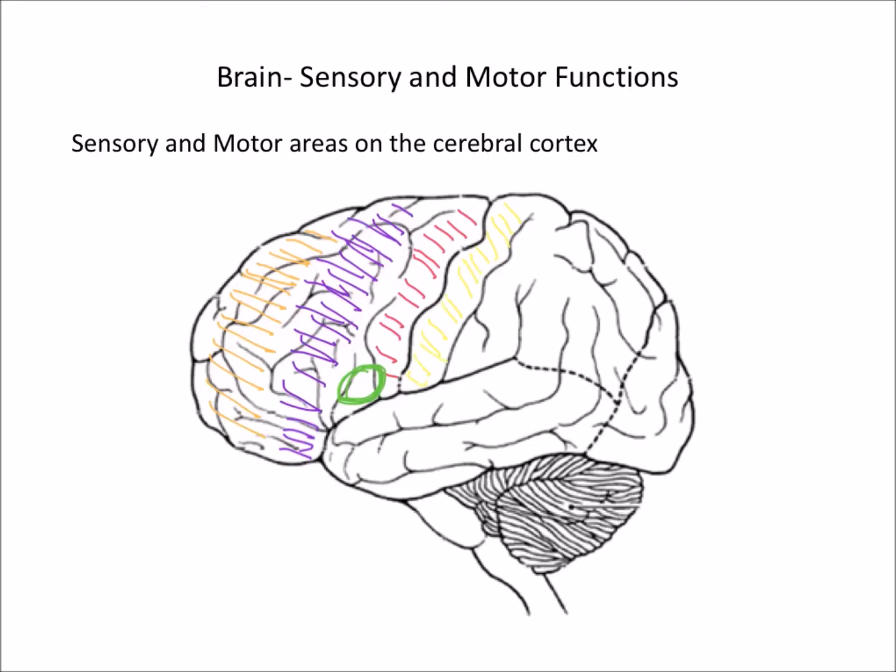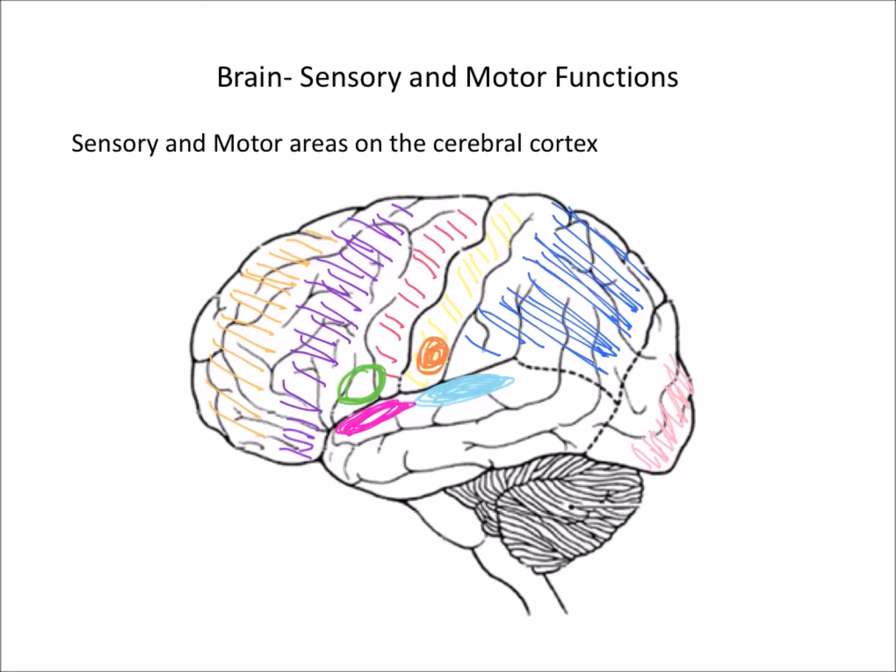The visual cortex, the auditory cortex, the taste cortex, and the olfactory cortex. And finally, the association areas, which are located behind the primary somatosensory cortex.